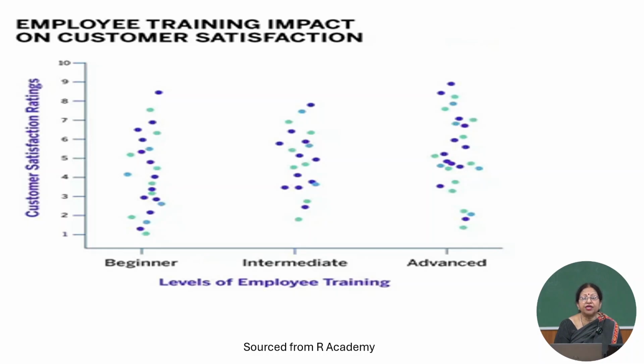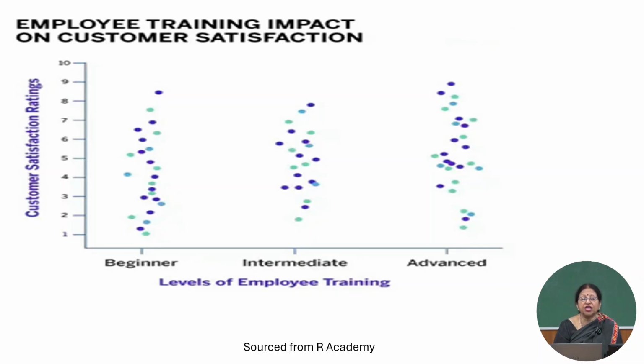For those who are beginners, the ratings are sparse, reaching up to 8, whereas for the employees who have been trained at an intermediate level, there is a denser impact, and the advanced trained employees show a further enhancement in the density of the peaks or the spots.